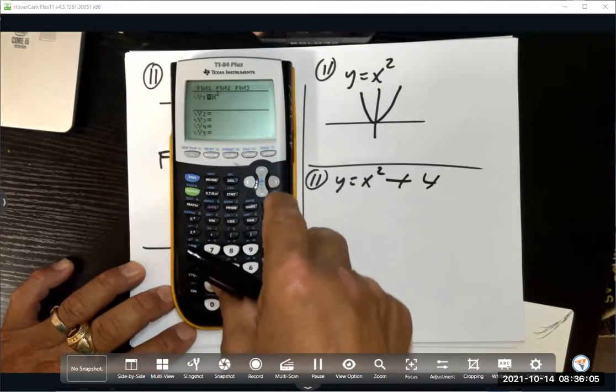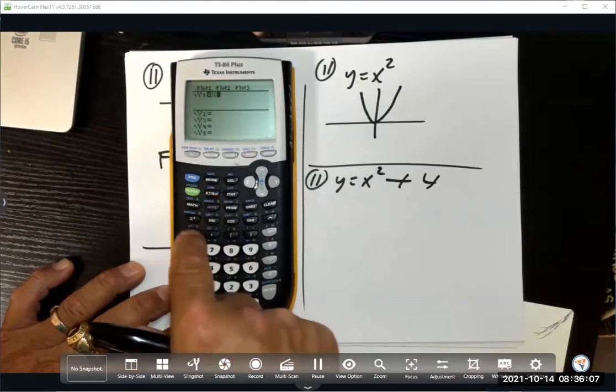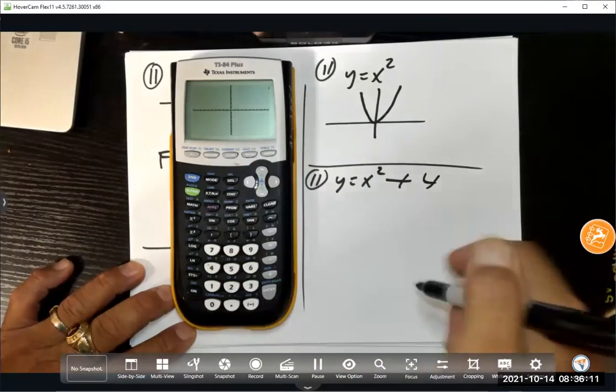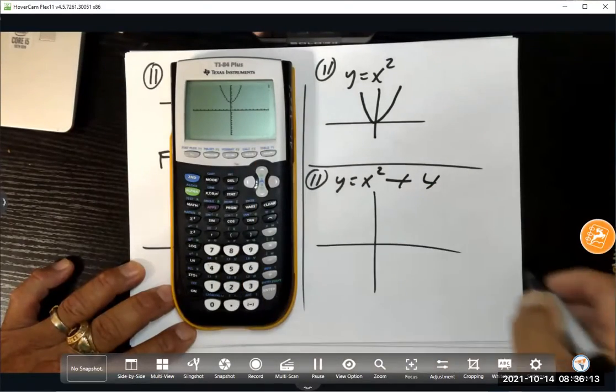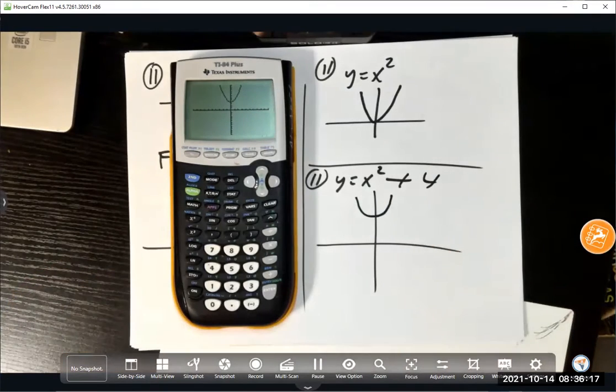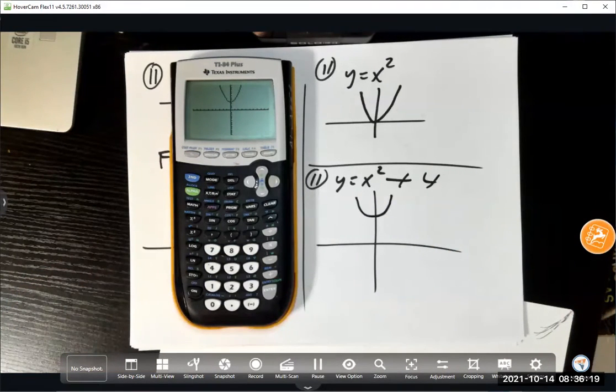So y clear x squared plus 4, hit enter, hit graph. Did it push it up? Yes or no? Yes. 4 spaces, right? Okay. So it's only when it's in the parentheses that it's the opposite.